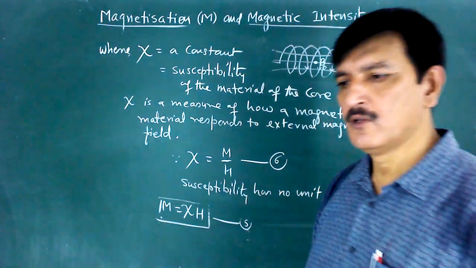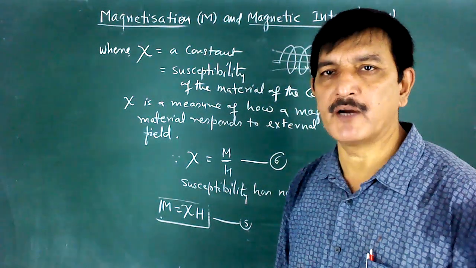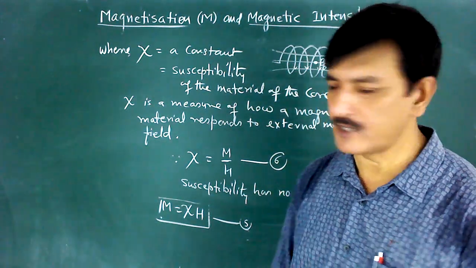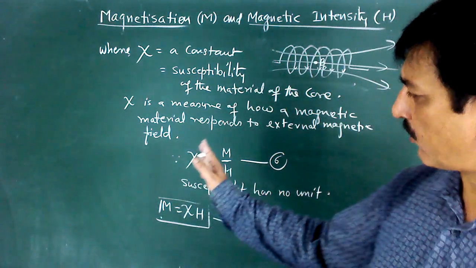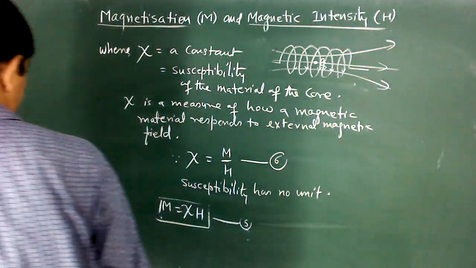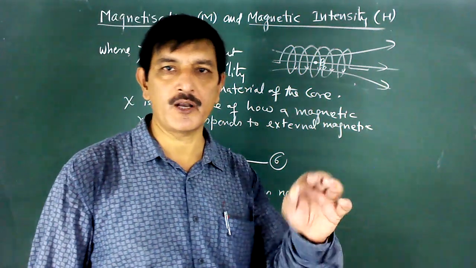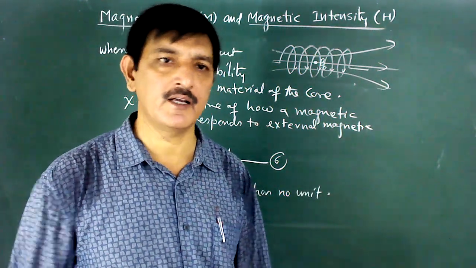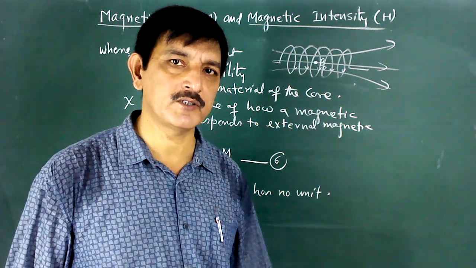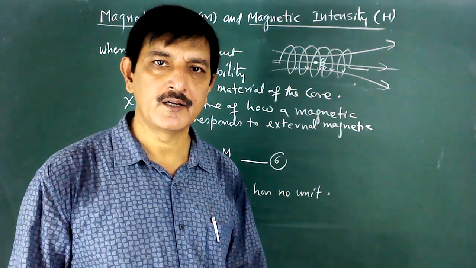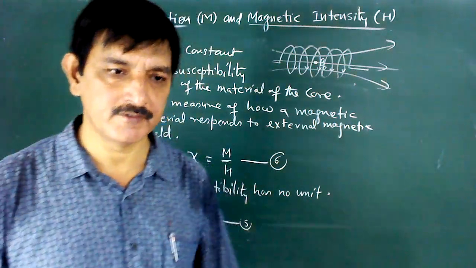Now we can also differentiate materials according to their susceptibility values. Sometimes this susceptibility is small and positive. For some material it is large and positive. For some material it is small and negative.